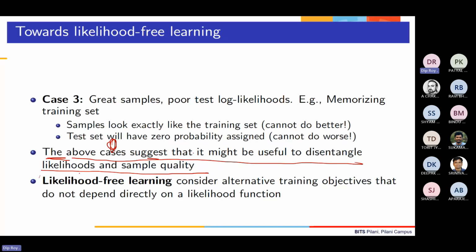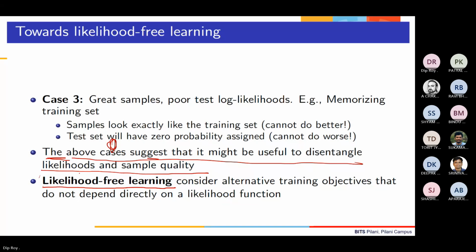And that brings us to this particular topic, which is likelihood free training. We don't want to access the likelihood, even though we may have access to it. We want to go for likelihood free training and consider alternative training objectives that do not directly depend on likelihood. So this is the whole story of why we want to go for likelihood free training.